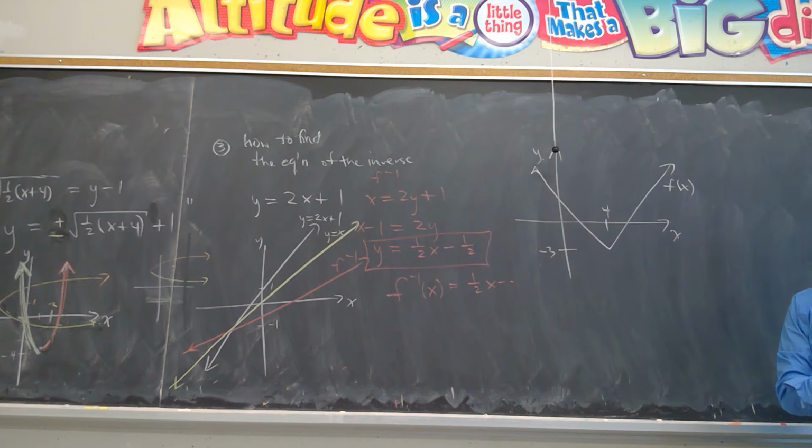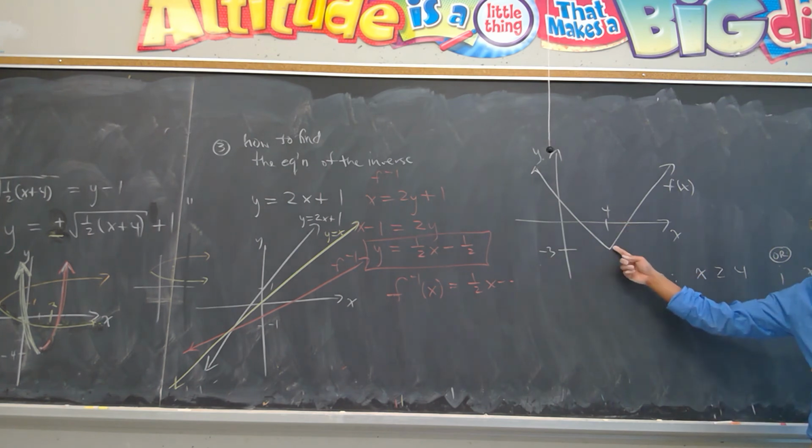Flora, do you want to get it? Domain either greater or equal to 4, or domain smaller than 3. It's correct. That's why we tend to focus only on domain. And again, to draw this, a lot of you realize this point is (4, -3).